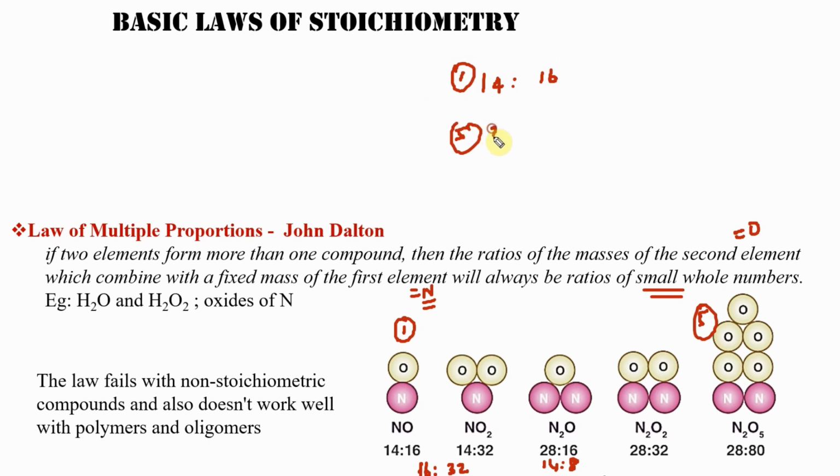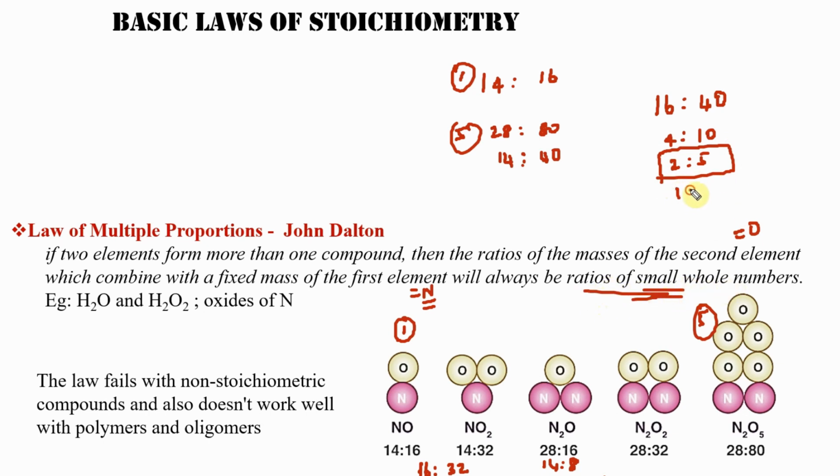In the fifth case, 28 combines with 80, or 14 combines with 40. Correct? Okay, I have made the mass of my first element fixed. Now what is the ratio of mass of the second element, oxygen? 16:40. Can we write it as 4:10 or 2:5? Now again, this is a ratio of small whole numbers.